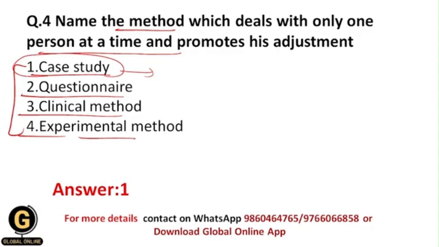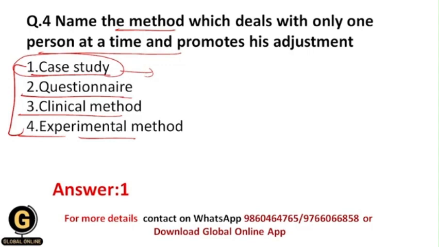I mean to say, according to that person's adjustment, the researcher does the study. As we know, questionnaire is a self-reporting technique in which the researcher asks questions to the respondents and respondents themselves give the answers to the researcher.